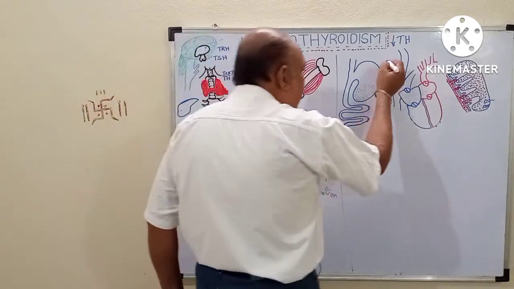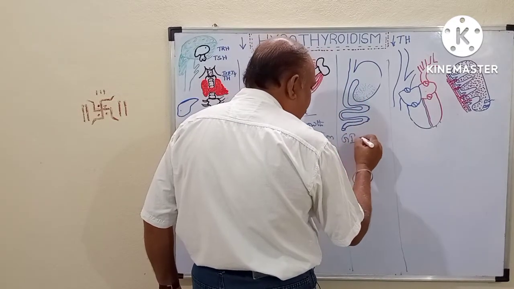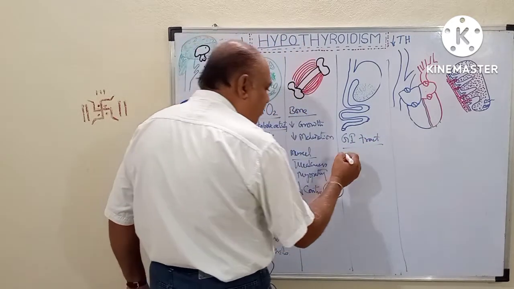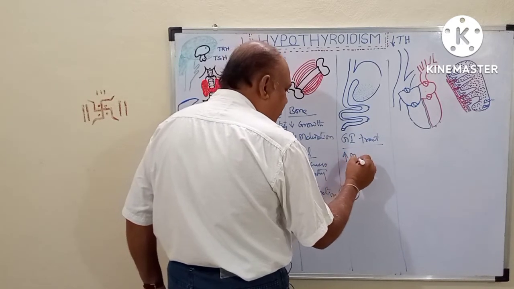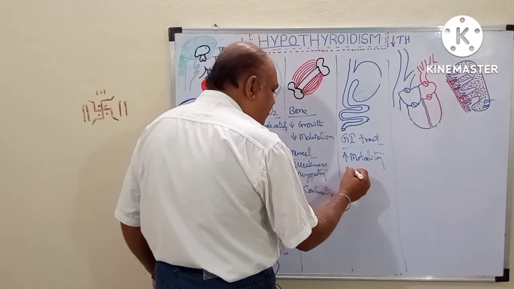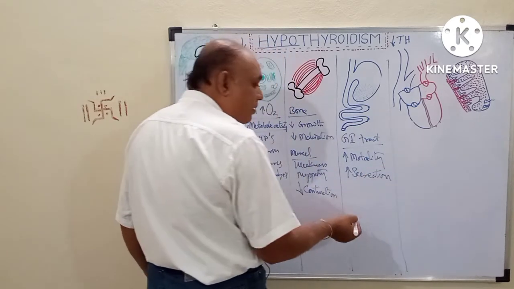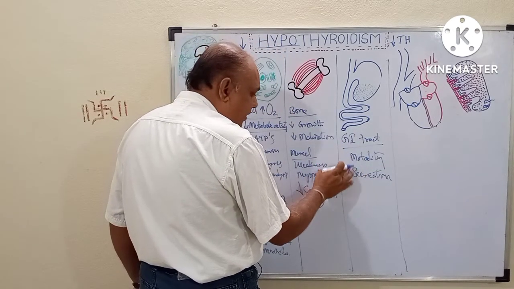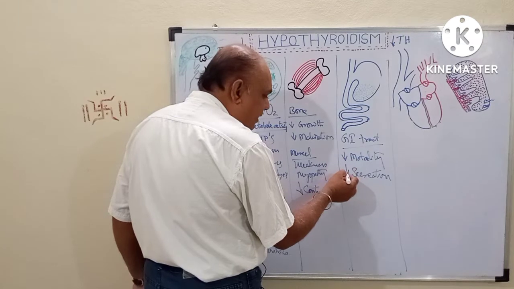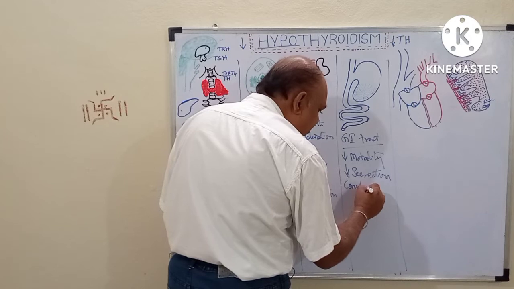Now let us see how low thyroid hormone levels, or hypothyroidism, affect the gastrointestinal tract. In the function of thyroid hormone, we have seen that it increases the motility and increases the secretion, whereas low thyroid hormone levels will decrease the motility and decrease the secretion, which can be a cause of constipation.